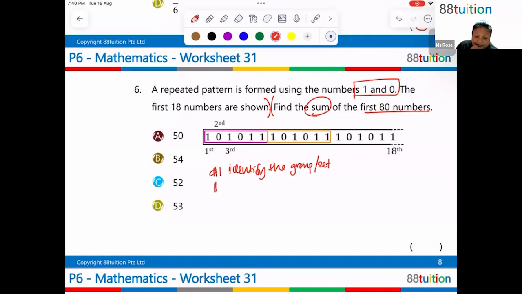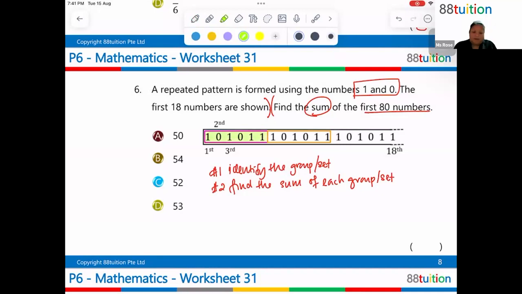So the next step is to find the sum of each group or set. Now we know that each set is made up of these numbers: 1 0 1 0 1 1.